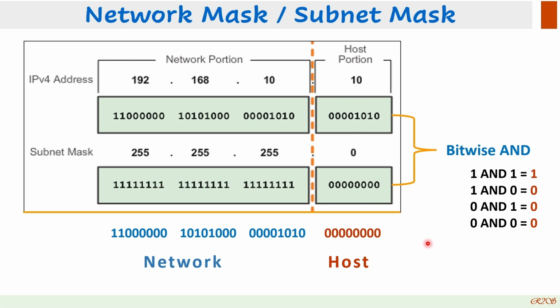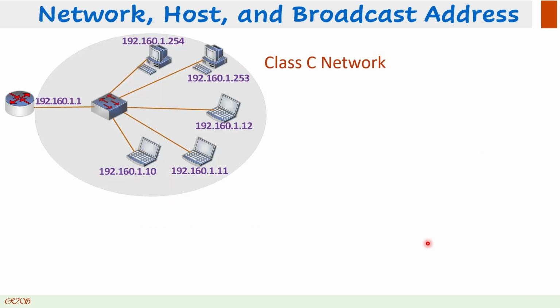So by doing this bitwise AND operation, the computer, or a network device, knows which part is the network address and what part of an IP address is the host part. Okay, so now for example, in this case, consider we have IP addresses of a class C network, right?